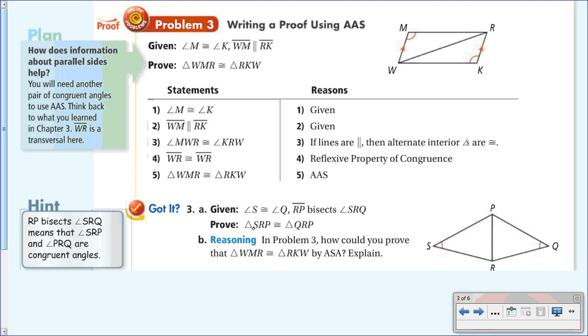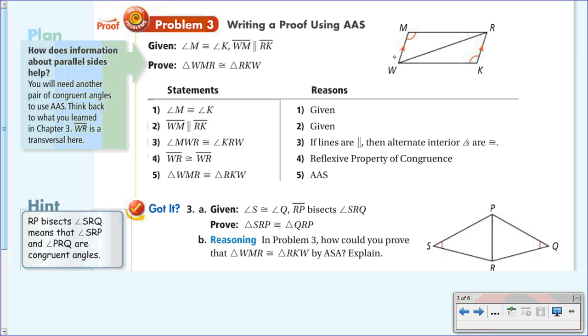So here's a little proof of AAS. It's given that angle M is congruent to angle K, and that these two lines are parallel, MW and RK. So our first two statements, you don't really have to break these up. Angle M is congruent to angle K, that's given. Side WM is congruent to RK, that is given.